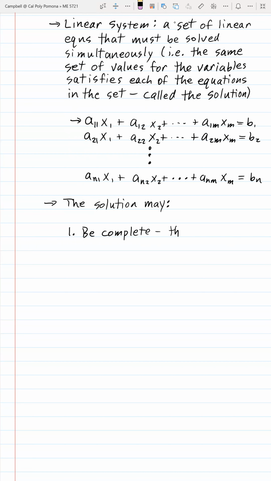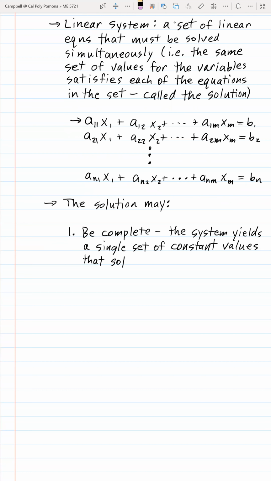And here, this means that the system yields a single set of constant values that solves all of the equations.